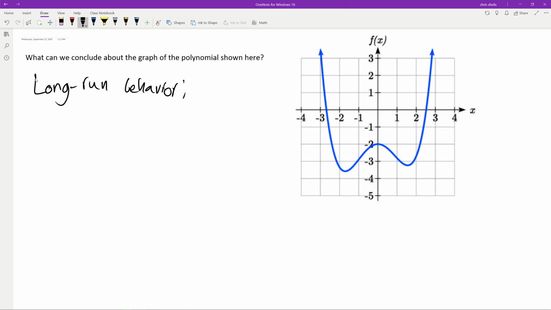Because as my x's grow large in the positive direction, my outputs are also growing large in the positive direction. And as my inputs grow large in the negative direction, my outputs are growing large in the positive direction. This has the graph of an even degree polynomial.